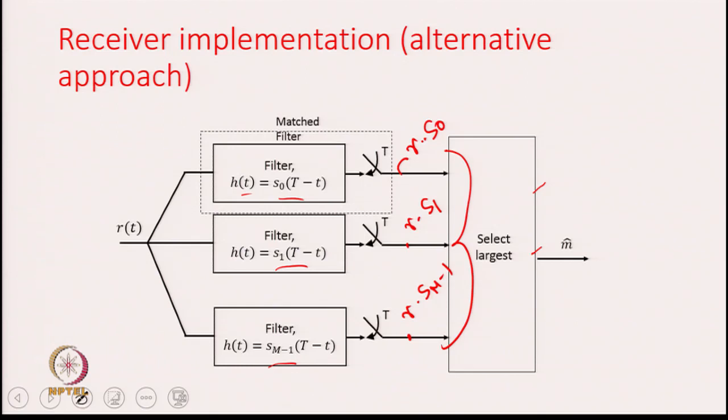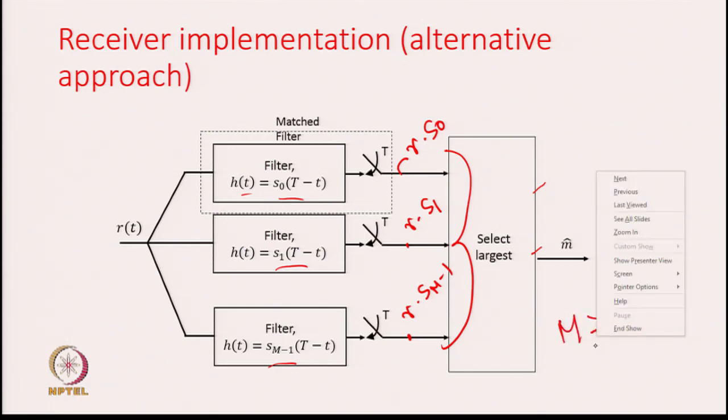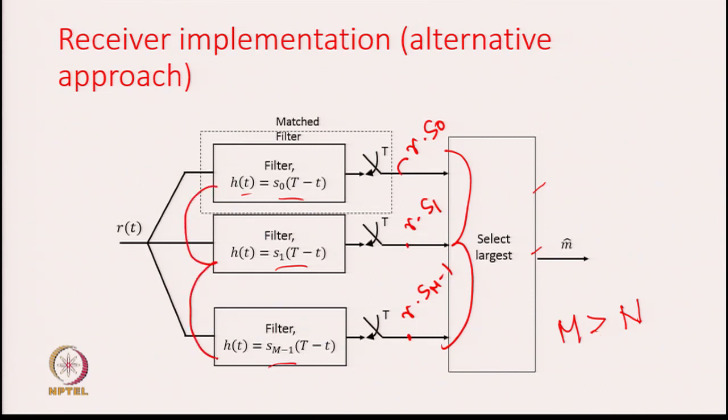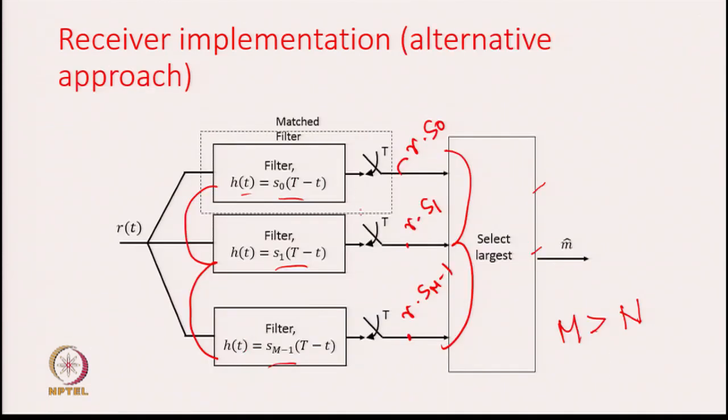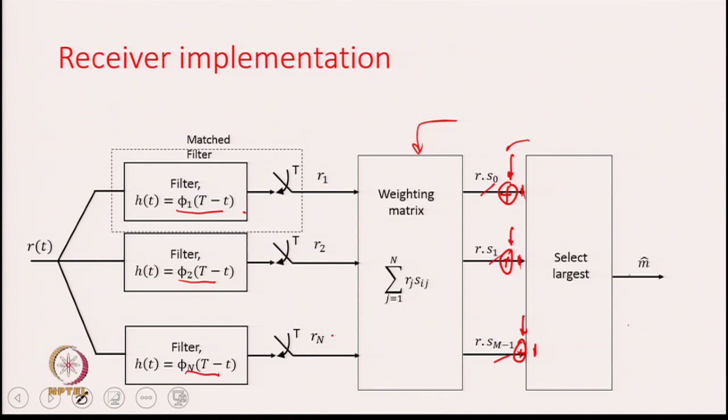So, the question is which one should I prefer, and the answer is simple. Because mostly M is larger than N, and in most cases much larger than N, the number of filters required in this case would be much larger than the number required in the other case. Remember, the number of filters required here is N and the number required in this case is M. Because M is larger, and typically much larger than N, this architecture would require more filters than the other, and hence the earlier one is the preferred design in most cases.